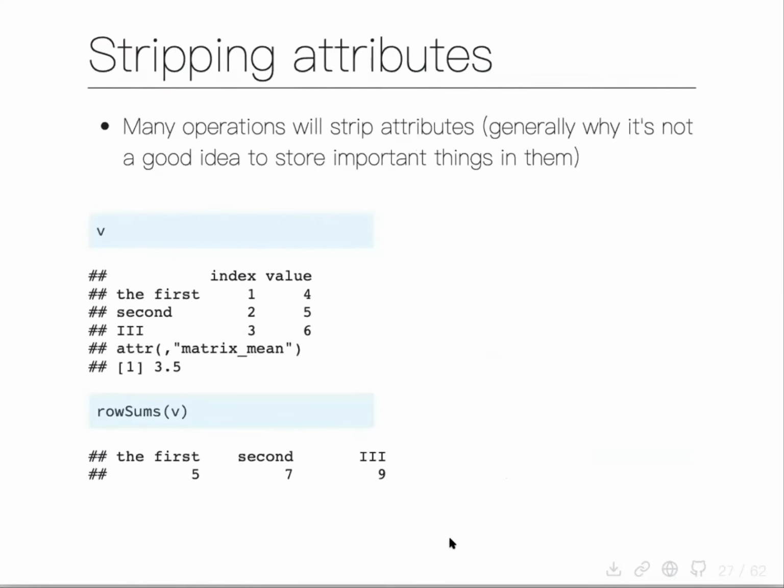All right, stripping attributes. I've mentioned this a couple of times, that many operations will strip attributes. That's why I think it's generally not a good idea to store things as attributes. So this is just a simple example where we have V, and then I compute the row sums of V. Notice it keeps the row names, but the dimension attribute is gone, and the matrix mean is gone.